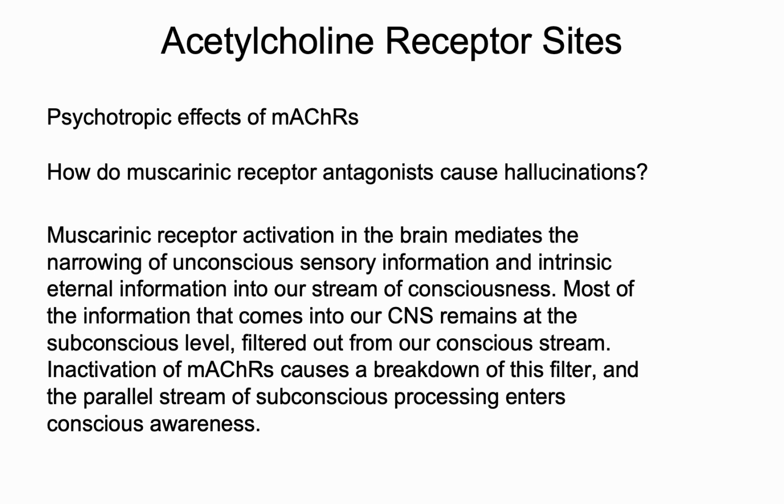Inactivation of muscarinic receptors in the brain, it's hypothesized, causes a breakdown of that filter. And that parallel stream of subconscious information and processing is allowed to flood into the conscious awareness. And our conscious awareness has a difficult time dealing with all of that sensory overload.